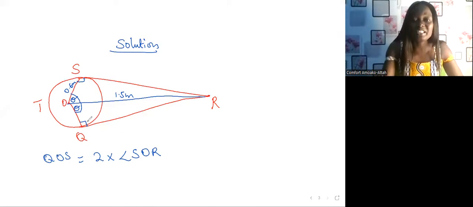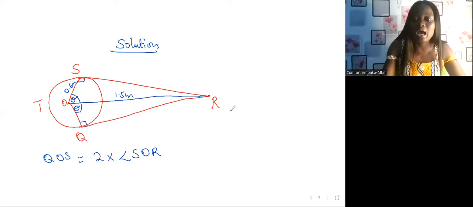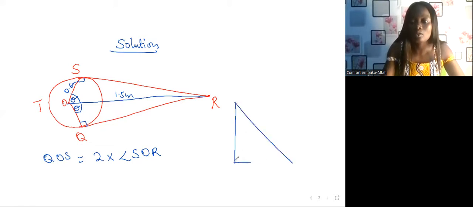Great. So with this one, which of the trig identities do you think we are going to apply over here? I believe you've not forgotten it because we treated this in our previous lesson. Okay, so let's bring out the right angle triangle. We have our theta here. This is giving us S, R. Then we have O over here.